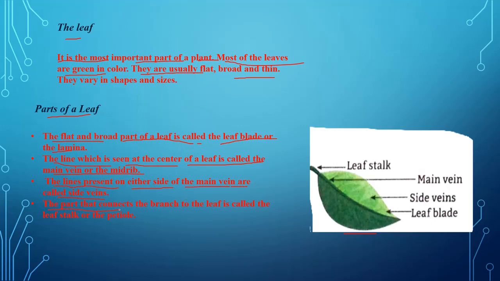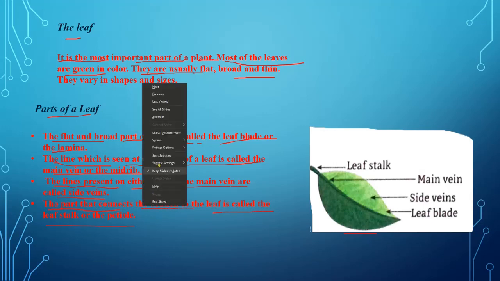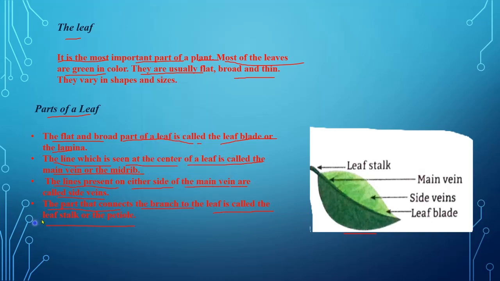So the part that connects the branch to the leaf is called the leaf stalk or petiole. So what will connect the leaf to the branch? That name is leaf stalk or petiole. It will connect the leaf to the branch, so that the leaf can work for the plant.